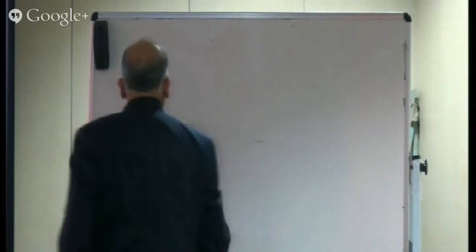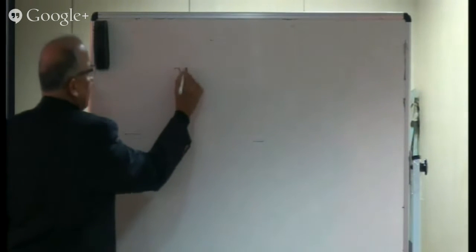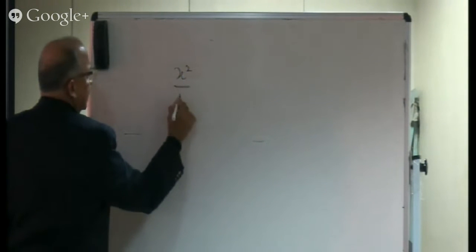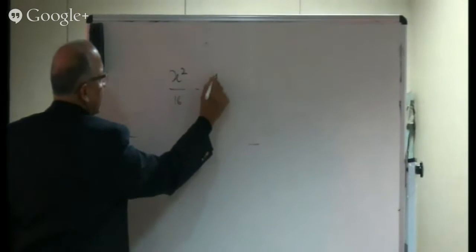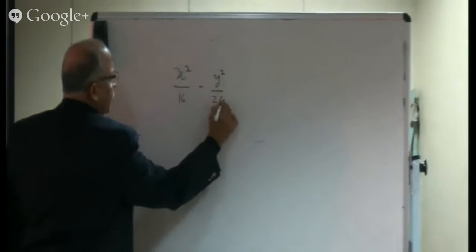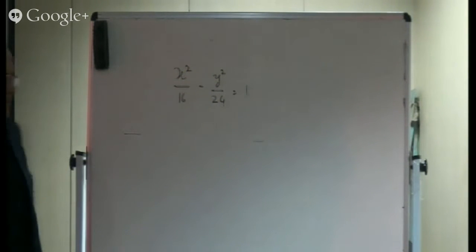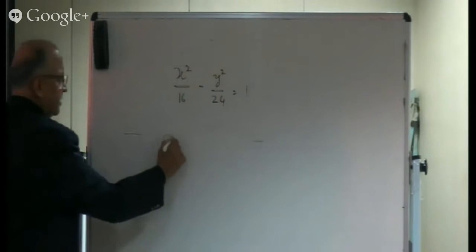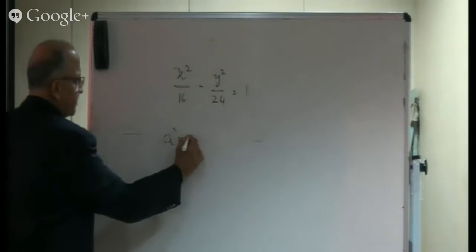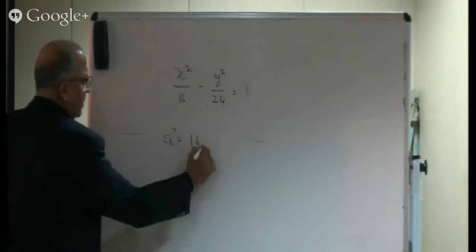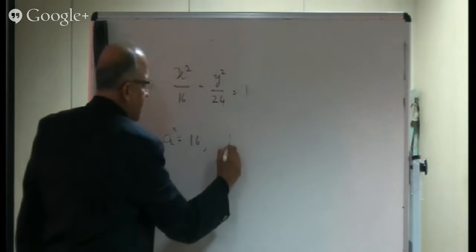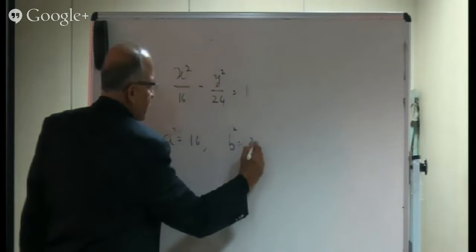Suppose we take x square upon 16 minus y square upon 24 equal to 1. This is a hyperbola. What is the value of a square? 16. b square equal to 24.